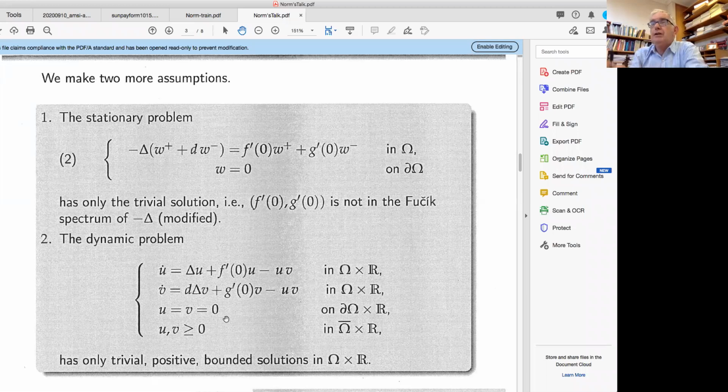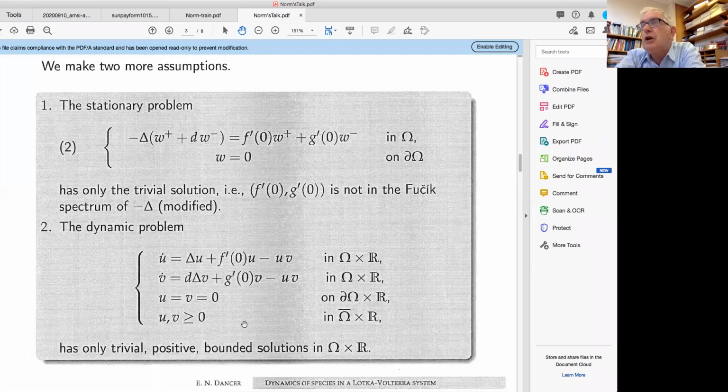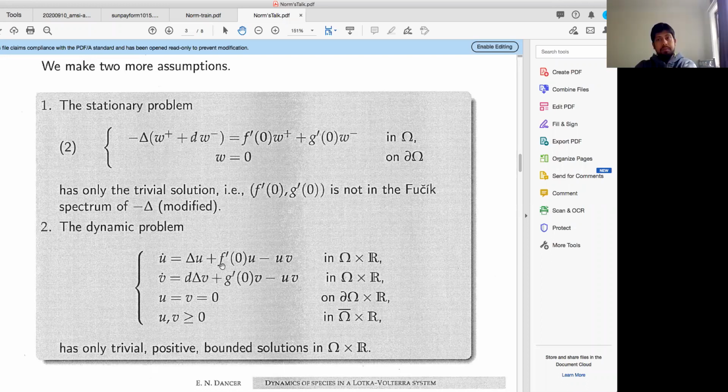You can get quite a lot of conditions for both of these, and these work, but I won't talk much about them. You can do quite a lot on those simplified equations. As I said, the second one is really for understanding the solutions where both components are always small.